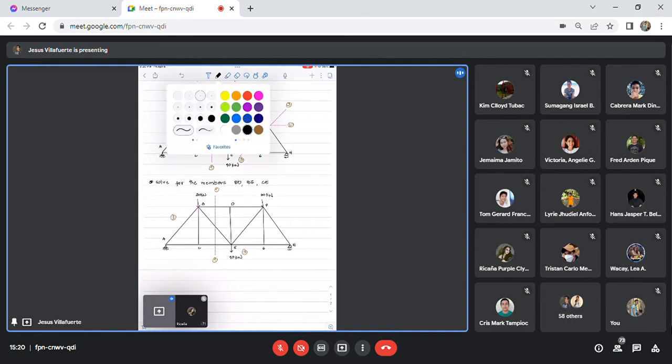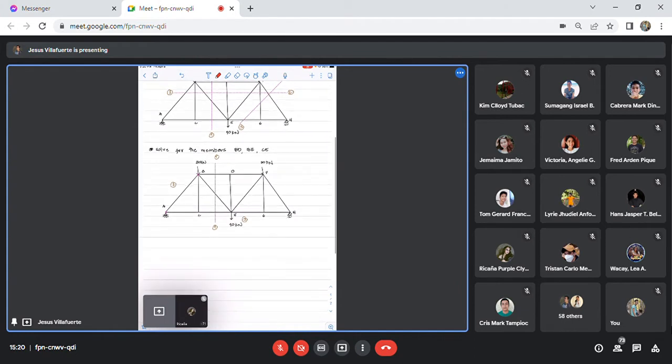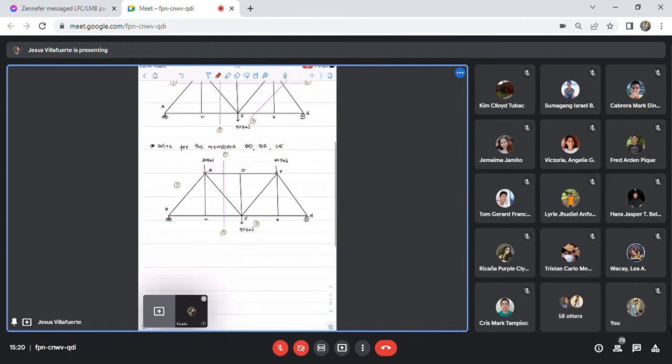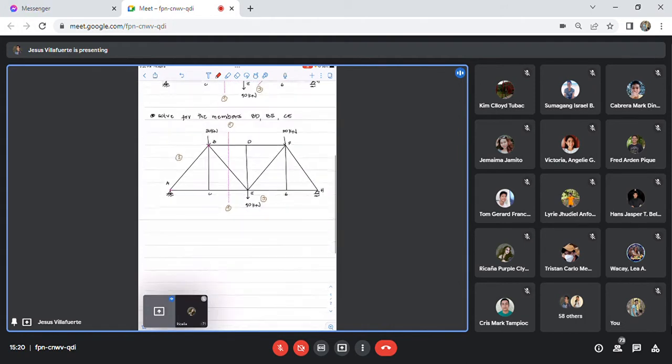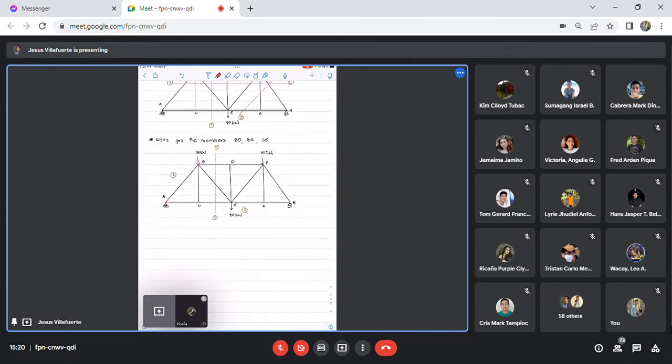So the first step is to calculate the support reactions. At point A, this is a hinge support. How many support reactions are we expecting at point A? Two, sir.